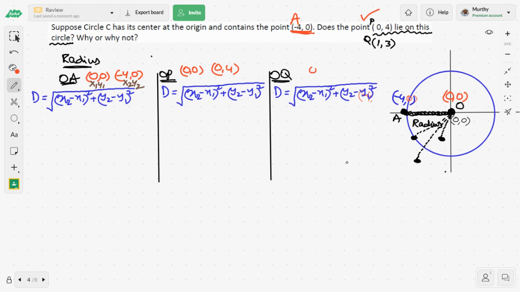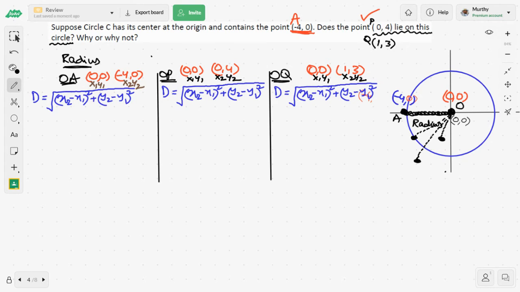And when it comes to OQ, O is (0, 0), and Q is (1, 3). Again for your comfort, I am writing this as x1, y1, x2, y2.